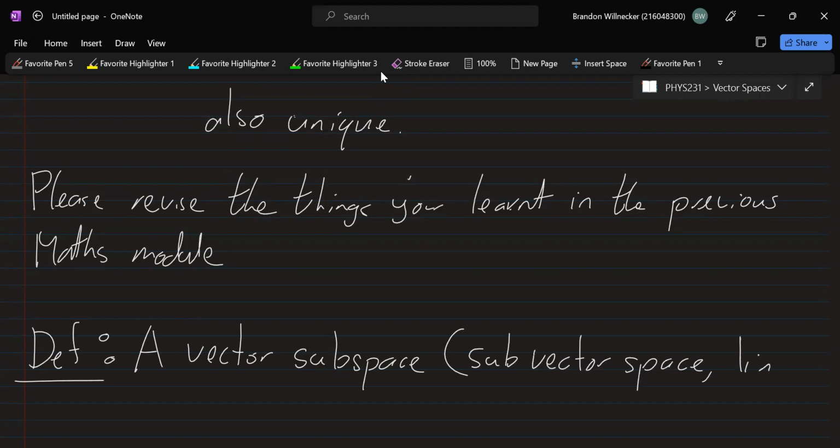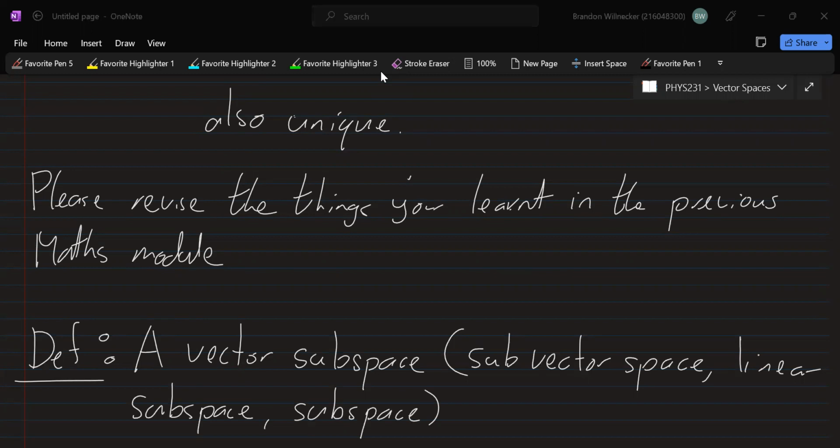Or you might hear linear subspace. Okay, and sometimes you just hear subspace. Okay, so since we're going to be dealing with vector spaces as our algebraic structure, we're not going to worry too much about differentiating between vector space and subspace. Okay, so we're only going to be working with vector spaces. So if we say subspace, we know we mean subspace to a vector space.